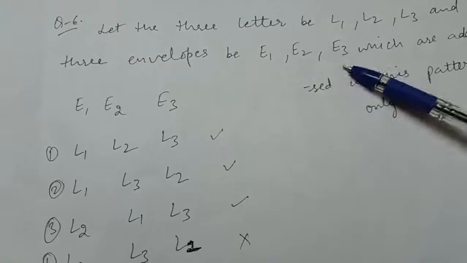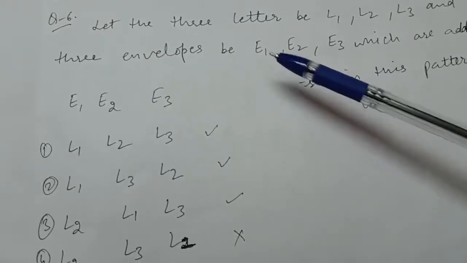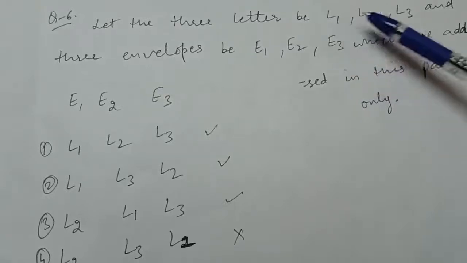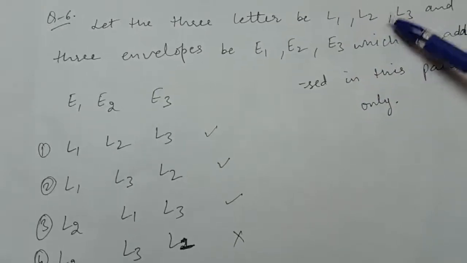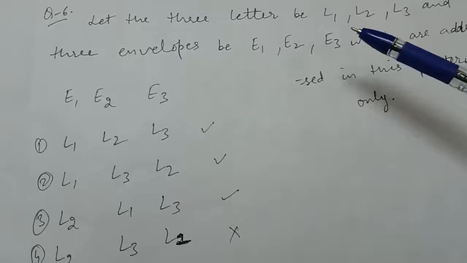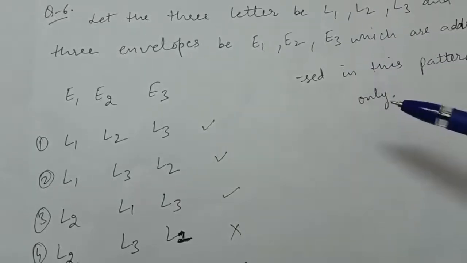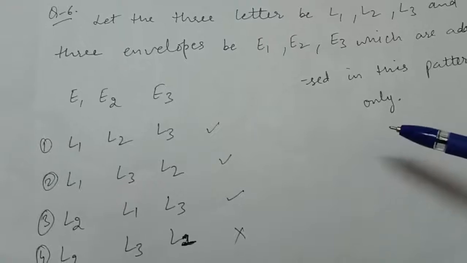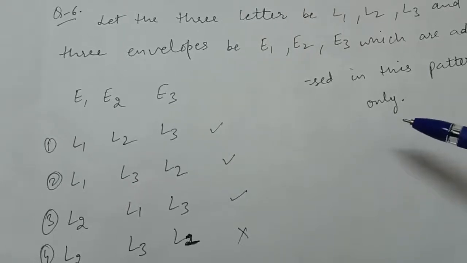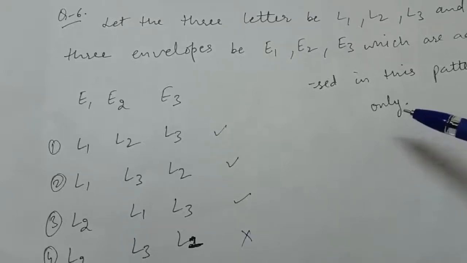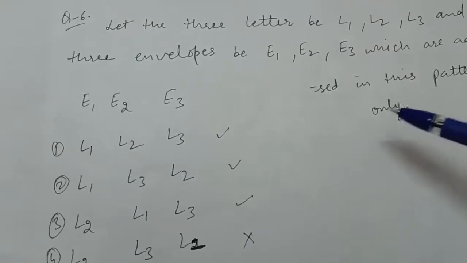Now they are saying that these 3 persons are given these 3 envelopes and they have been dictated these 3 letters. Now those 3 persons will write these 3 letters in the envelopes in such a way that one will write only 1 letter in each envelope and each envelope contains exactly 1 letter.